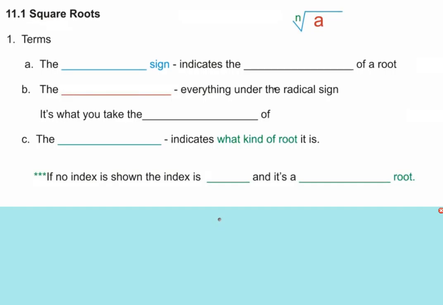It's important that you know some terminology. A lot of people call the symbol here that's blue the square root symbol, and that's technically not true. It is in actuality the radical sign. And that is the first blank for underneath A as well. It's the radical sign.